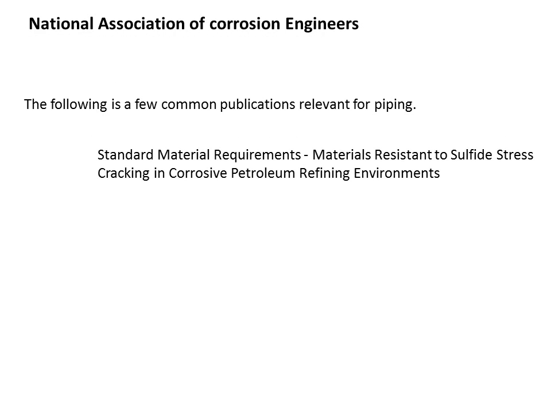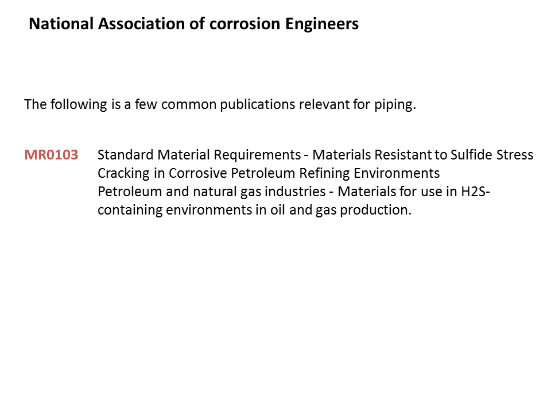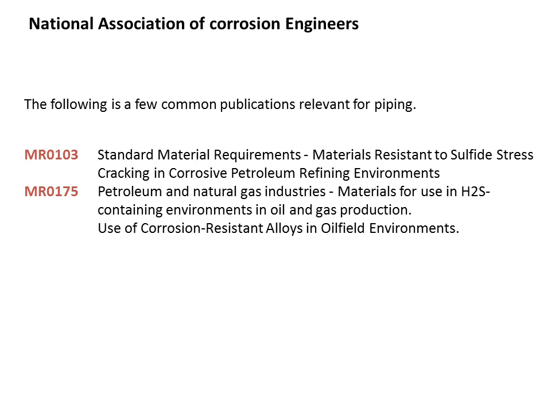We have a standard for material requirements, material resistant to sulfide stress cracking in corrosive petroleum refinery environments, and that is MR0103. For petroleum and natural gas industry, material for use in H2S containing environments in oil and gas production, we have MR0175. For the use of corrosion resistant alloys in oilfield environments, we have standard TM0192.